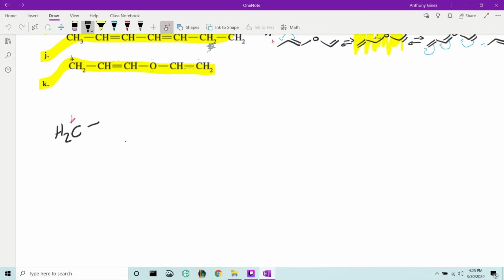And then I see CH, this is attached to a double bond, which is attached to a CH, which is attached to an oxygen, which is rich in electrons, and then I see a CH. And then I see a CH2.